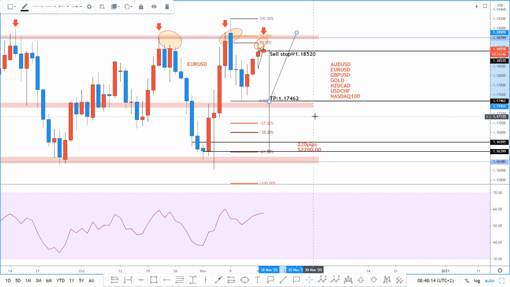Ish Papa, it seems like it's deciding on the direction now. Look at the 4-hour chart. That's a double top. Let me see what I can do.